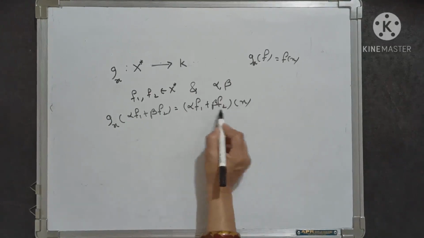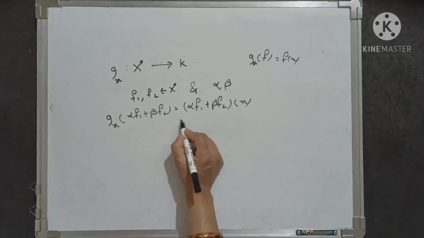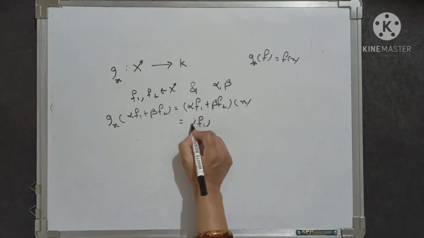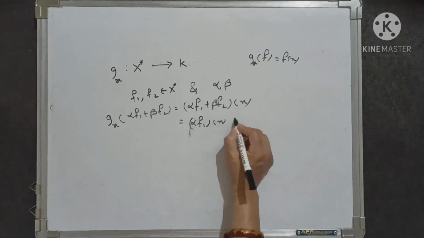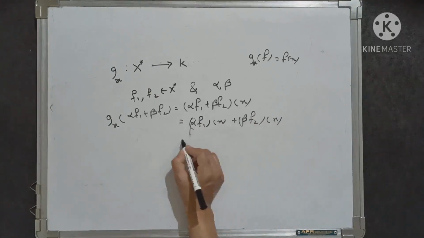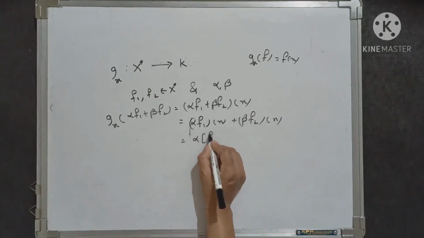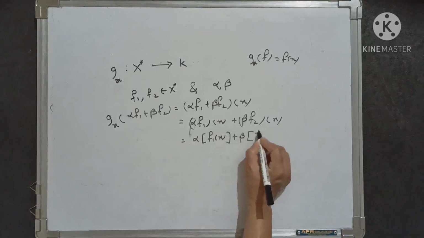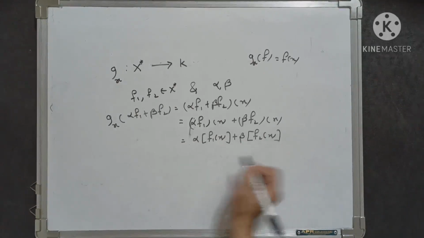Now we know that f1 and f2 are linear, and therefore it is equal to alpha f1 of x plus beta f2 of x, and that is equal to alpha in bracket f1 of x plus beta in bracket f2 of x.